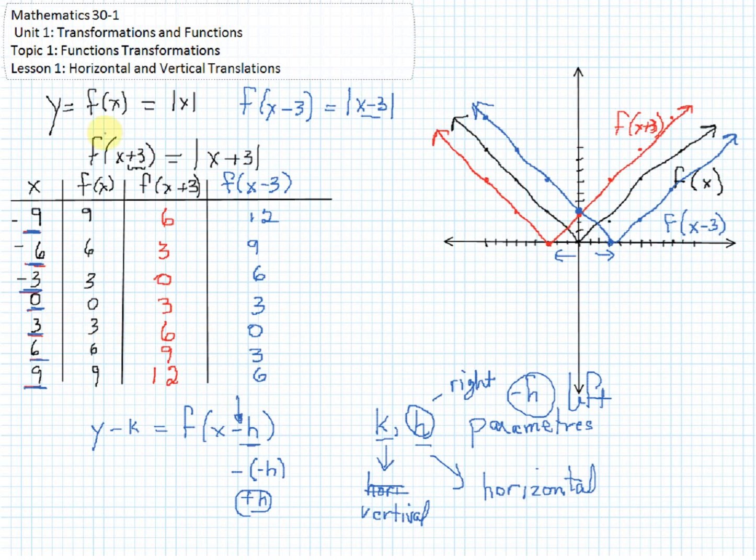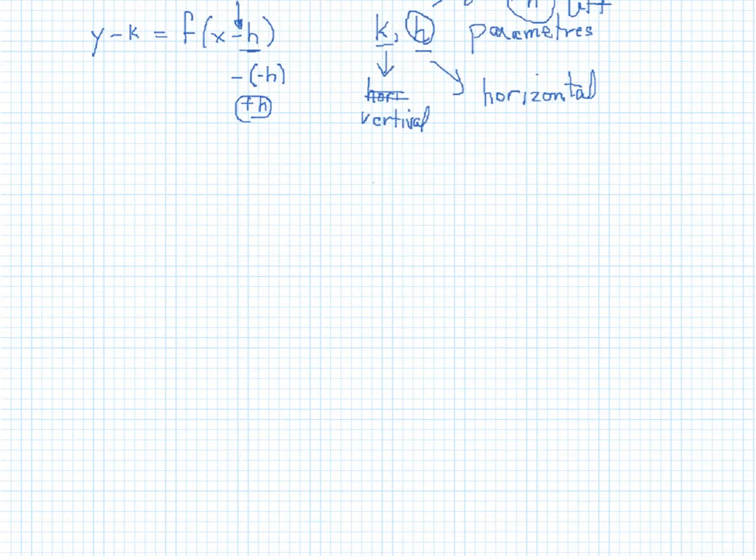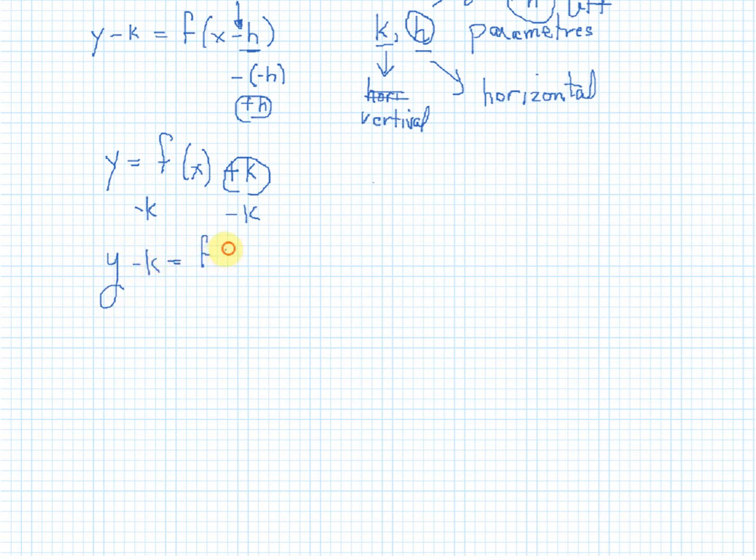Notice, if you remember from our last video, I talked about my vertical translation as y is equal to f of x plus k. And all I've done is taken this k, and if I subtract it from both sides, I get y minus k is equal to f of x.